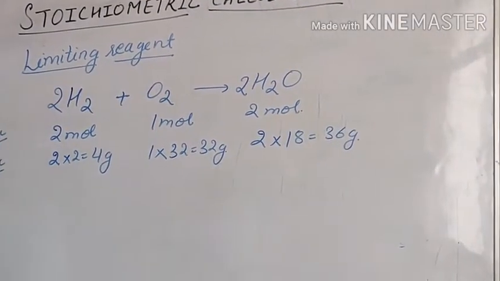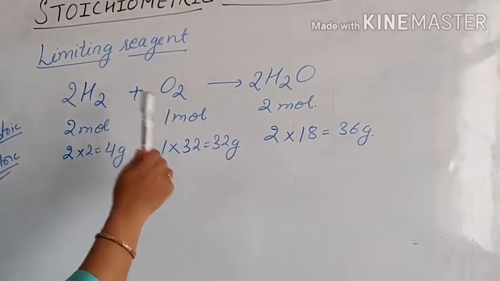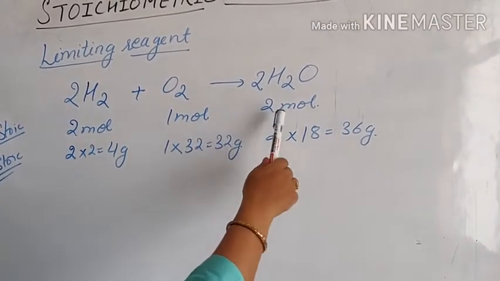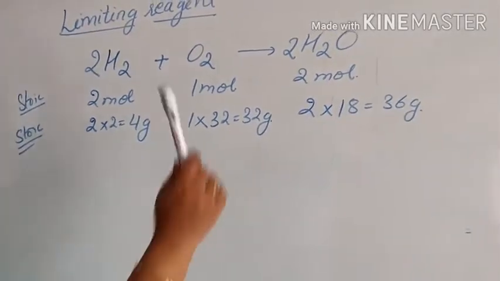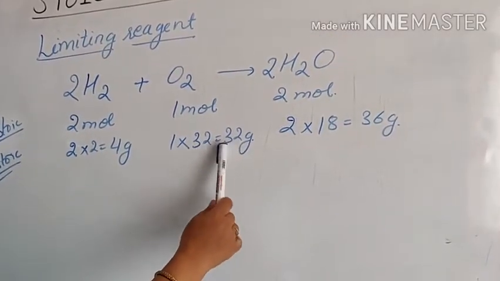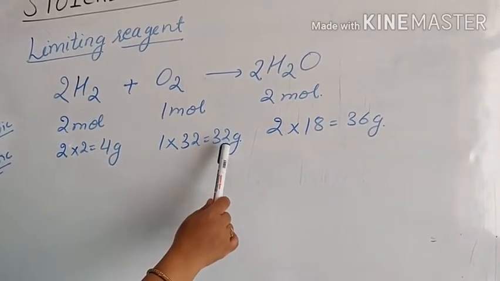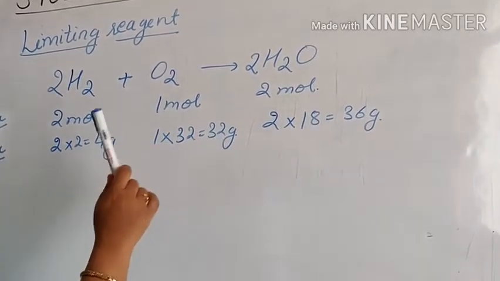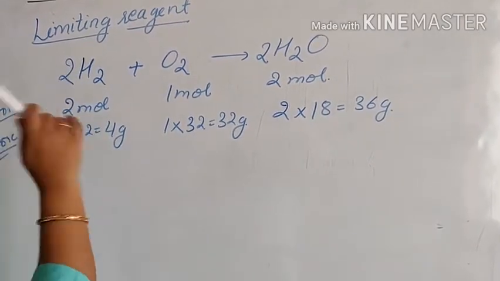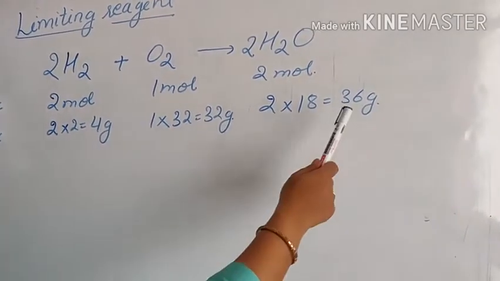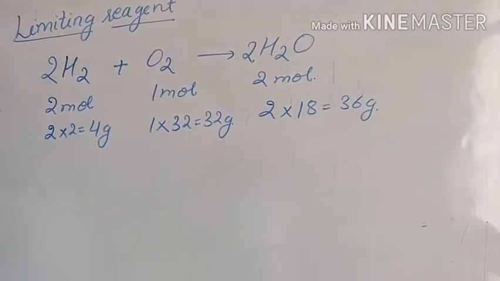So according to stoichiometry, 2 moles of hydrogen react with 1 mole of oxygen to give 2 moles of water, or we can also say that 32 gram of oxygen requires 4 gram of hydrogen to react completely and gives 36 gram of water.